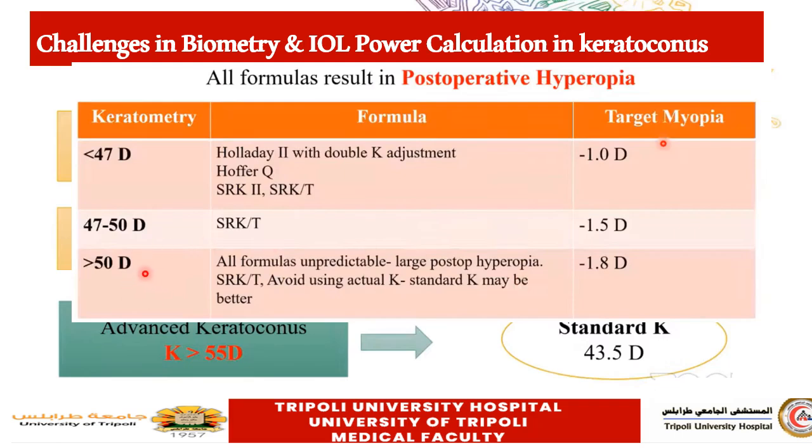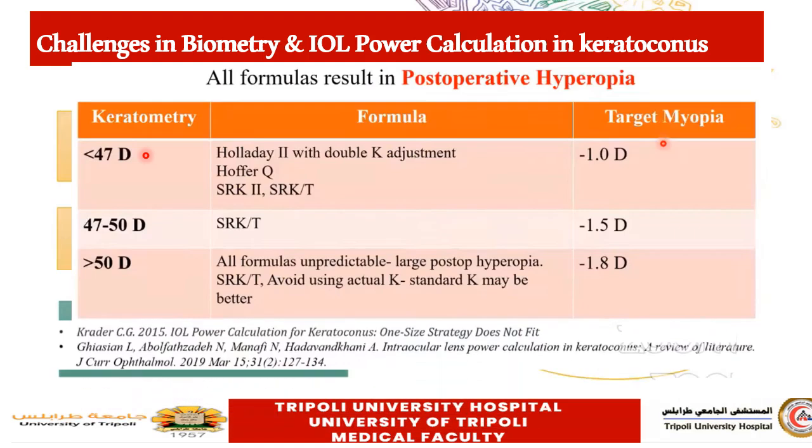And in these cases, it is better to use the standard K rather than the patient's K reading. Of course, this data and information is based on different studies, and one of them suggests this scheme for patients with keratoconus, because all the formulae will have postoperative hypermetropia, so your target refraction should be toward myopia.